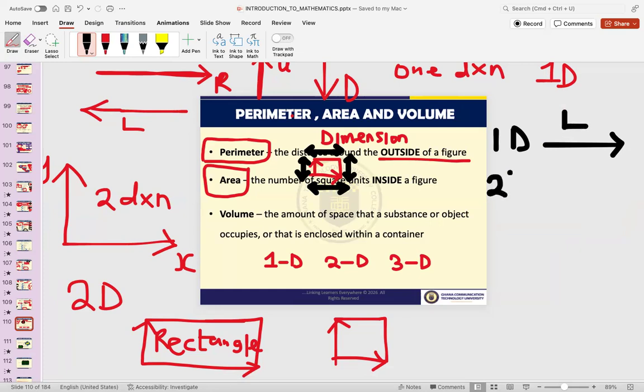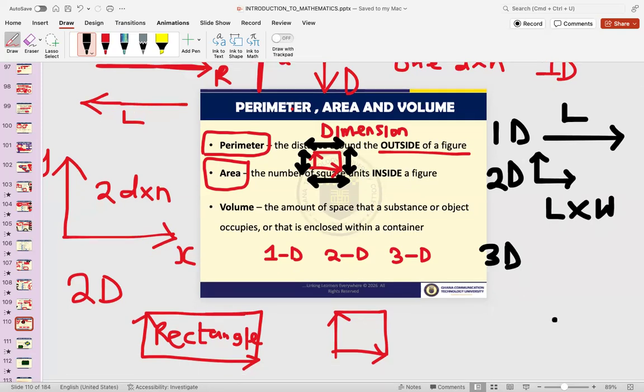If you look at 2D, our directions were 2. We had the horizontal direction and we had the vertical direction. So in that case, you have length and then you have width. So 2 directions, length and width. First one direction, length. Now the 3D means that we are going to have 3 directions.